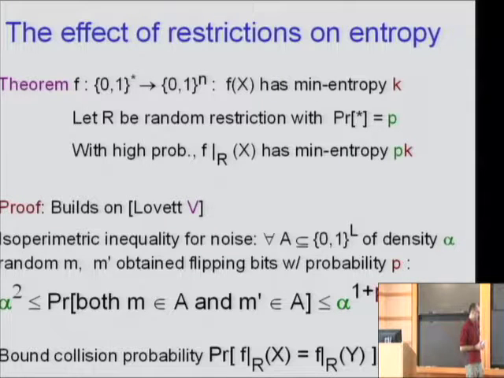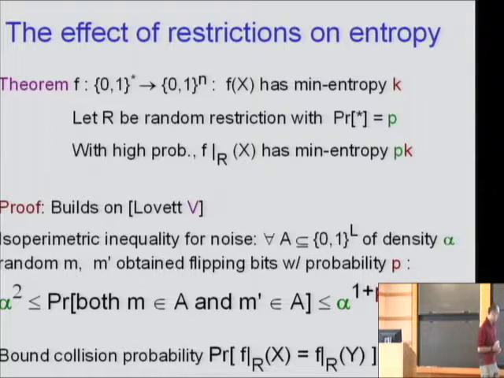If M and M prime were independent and uniform, this probability would be exactly alpha squared. In this noisy version, it's possible to prove this bound. First, alpha squared is still a lower bound. It's very easy to prove this compared to the other one.